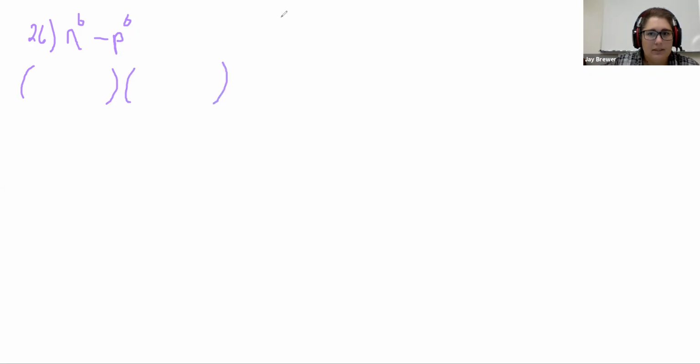So when we split this, how are we going to split it up? We have n and n and p and p. What are our exponents and what are my signs going to be? What do you guys think? Would your exponent be a 3?